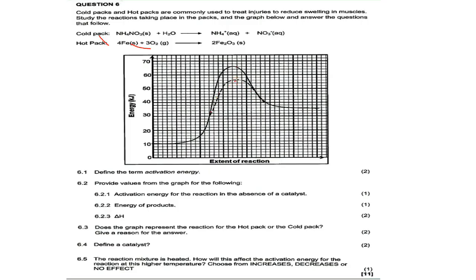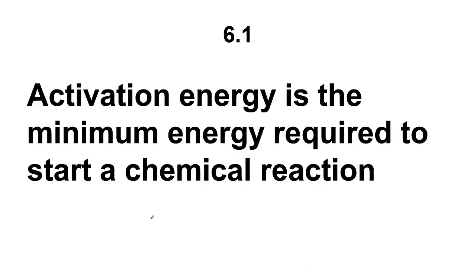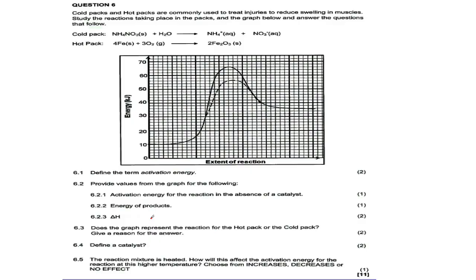So if you look at the distance from here all the way up there, and then look at it in reference to this graph with the broken lines, you can see that the activation energy has now decreased. Then 6.1 says define the term activation energy. How do we define that one? We say activation energy is the minimum energy required to start a chemical reaction.